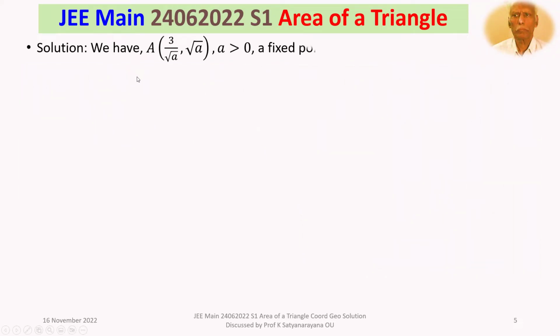We have capital A with coordinates 3 by under the square root of a, comma, square root of a, where a greater than 0, a fixed point in the xy plane. Because a is greater than 0, it is in the first quadrant, and it is a fixed point.